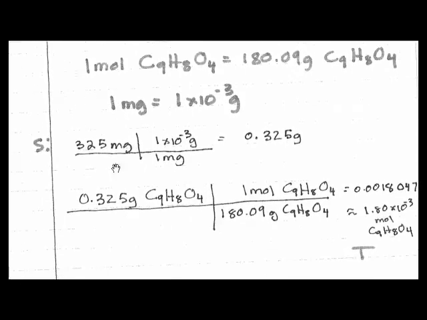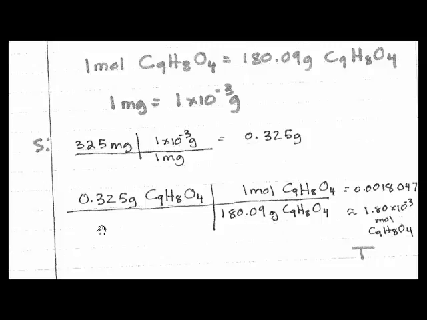So the first thing I want to do is convert my milligrams to grams. So I have milligrams, what I'm given, milligrams goes in the denominator. Those units cancel out, and when I multiply 325 by 1 times 10 to the minus 3, I get 0.325 grams. Now I want to convert this mass to moles, and here are grams, and so the grams of my molar mass needs to go in my denominator.